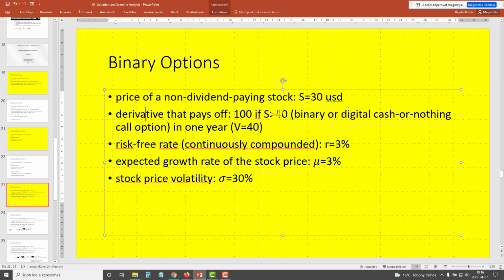It doesn't matter what, but at least it should be above 40 US dollars, and if it's not meeting this condition at time T, we will not get anything. So that's why we can set the threshold as 40.